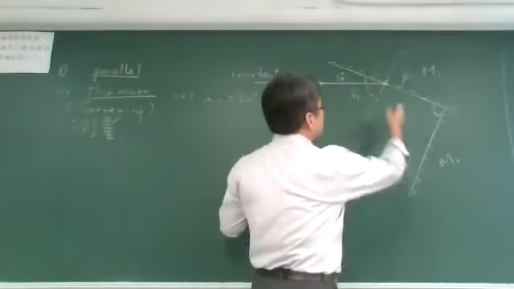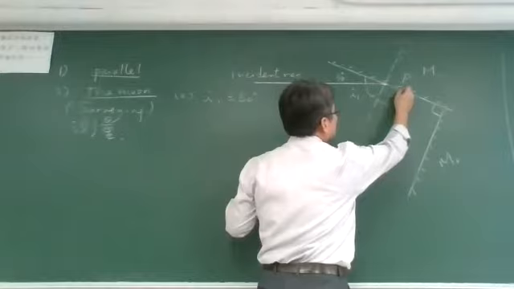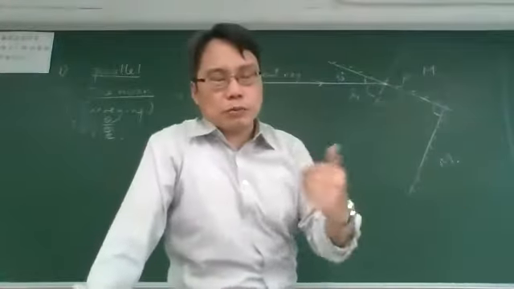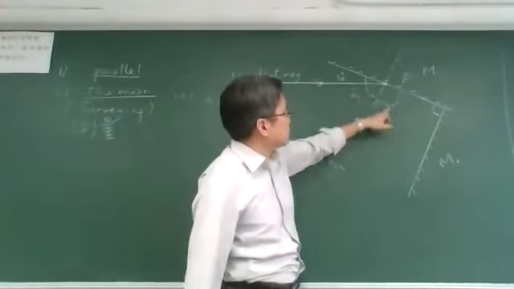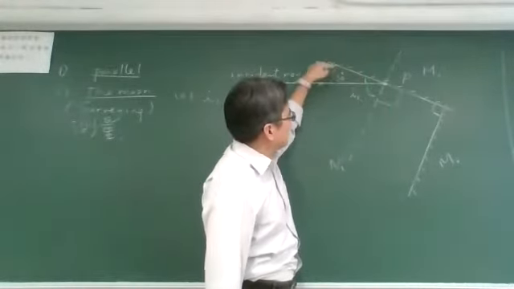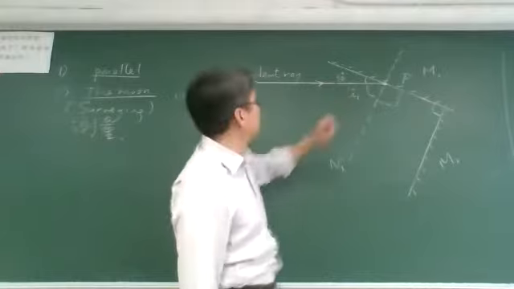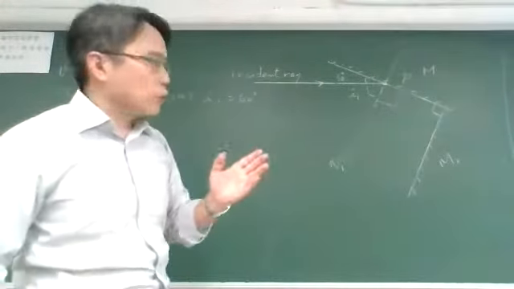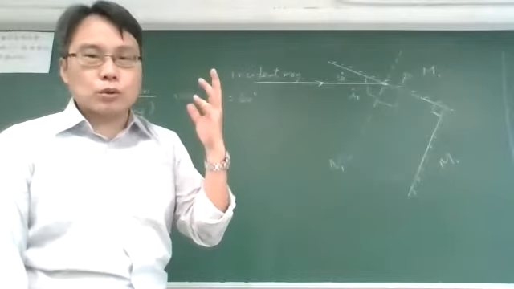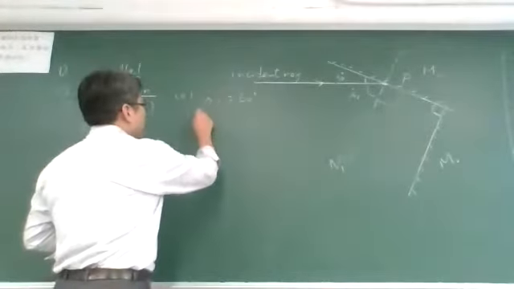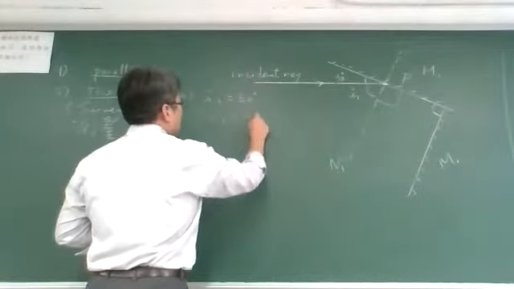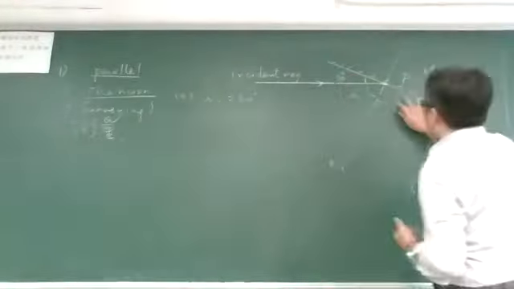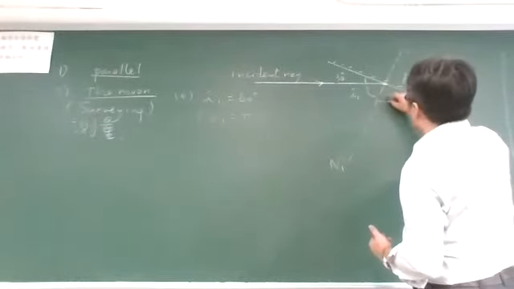Because the normal is a line drawn perpendicular to mirror 1. So this is 90 degrees, this is 90 degrees. And if this is 30, this would be 60. And then the light ray will be reflected according to laws of refraction, where we have I1 equals R1, right? And we measure R1 like this.